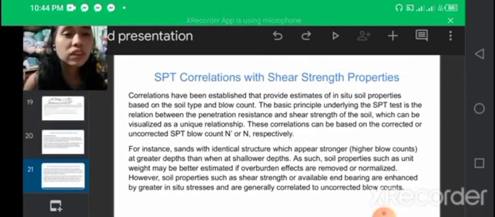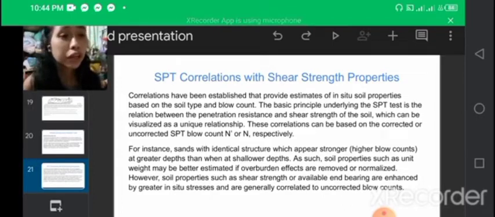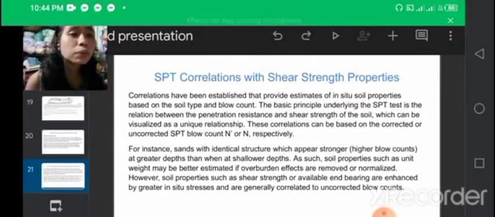For instance, sands with identical structure appear stronger, with higher blow counts at greater depths than at shallower depths. As such, soil properties such as unit weight may be better estimated if overburden effects are removed or normalized.